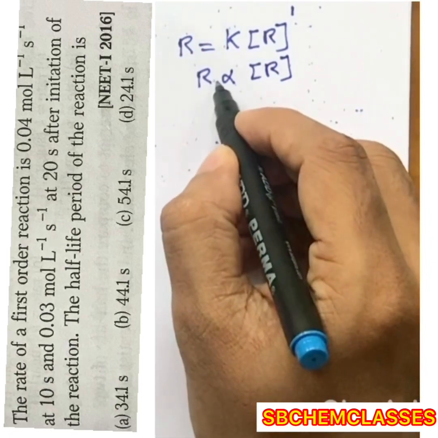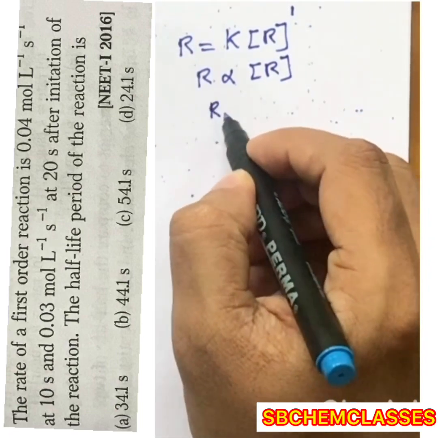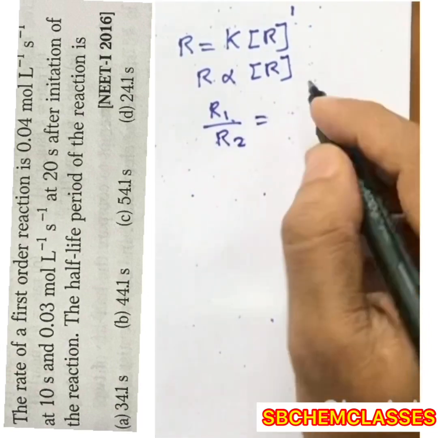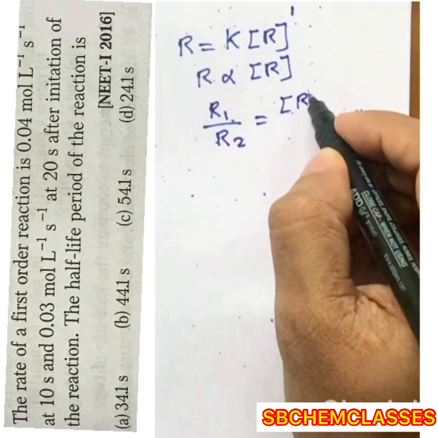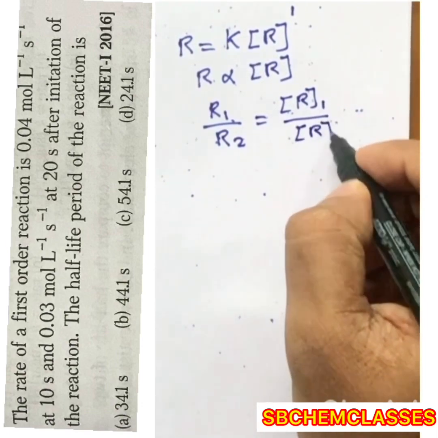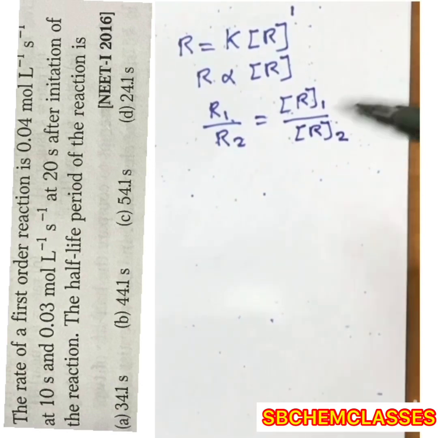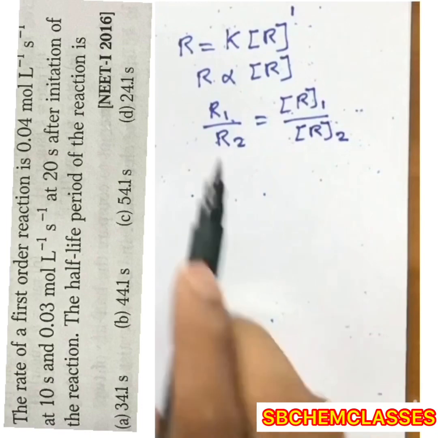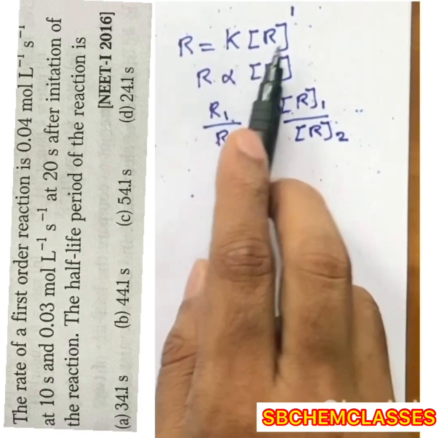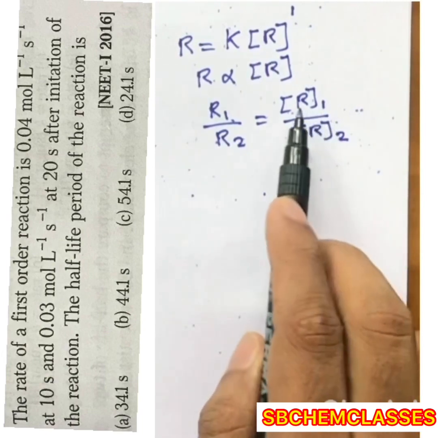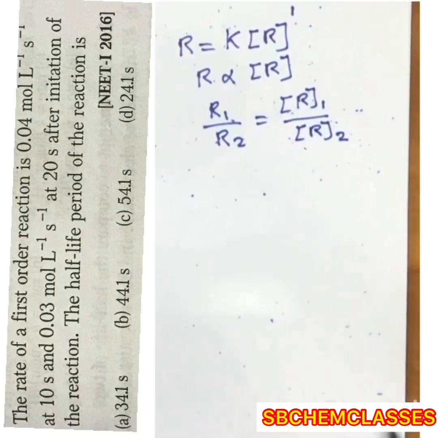So, rate at one time by rate at another time can be written as concentration of reactant at one time by concentration of reactant at the second time. This equation is applicable only for first order reaction since R equals K times concentration of R raised to 1. Ratio of rate equals ratio of their concentration.